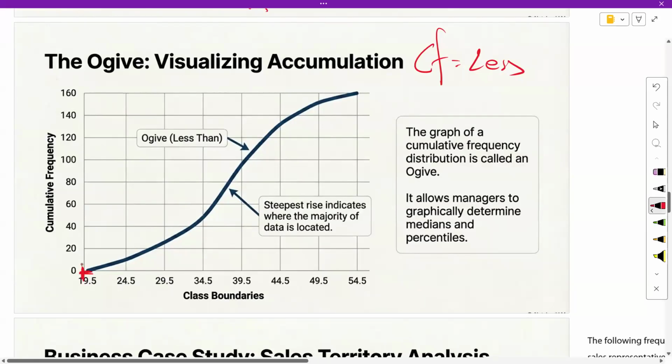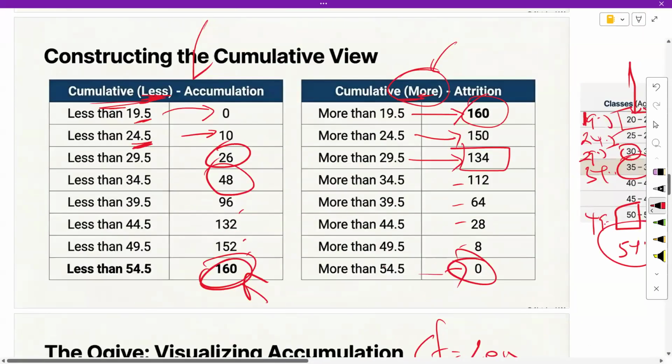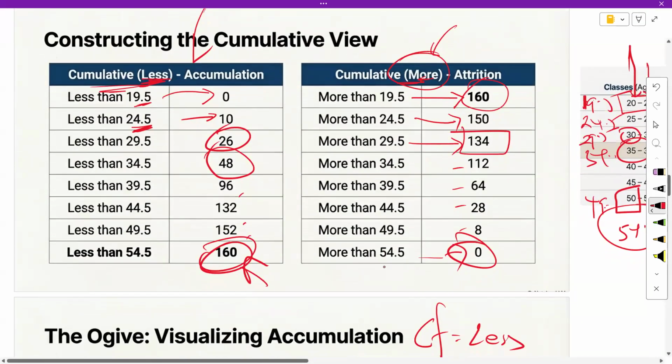So we start from 19.5, and we have to use the graph sheet and divide it equally. It should end with the upper boundary of the last class, less than 54.5.